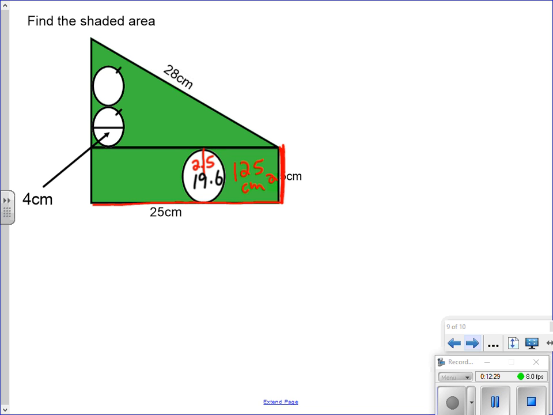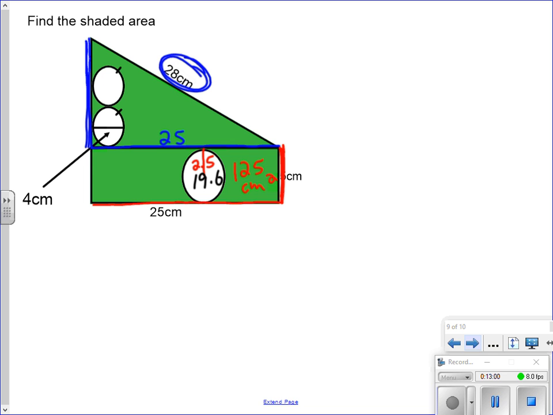This large green triangle on top, I take the base of 25. I need to find the height. I don't have it, but I do have the hypotenuse, and it's a right triangle because it's on top of a box or a rectangle. So I'm going to use 25 and 28 as the hypotenuse and find out what this height is, which is side A, it looks like. So I'm going to use Pythagoras' theorem, a squared plus b squared equals c squared. I'm going to do that quickly on my calculator here.